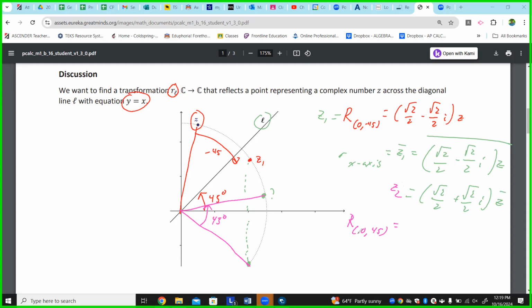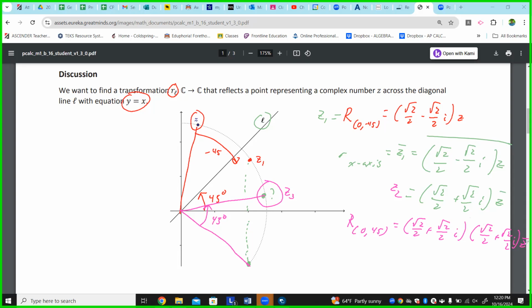I have to multiply it by whatever the rotation is. What is the rotation for 45 degrees on part A of the opening exercise? So if I take whatever this is and multiply it by another square root of 2 over 2 plus square root of 2 over 2 i to this mess here, it will give me another rotation of 45 degrees, landing me where we'll call this z3.